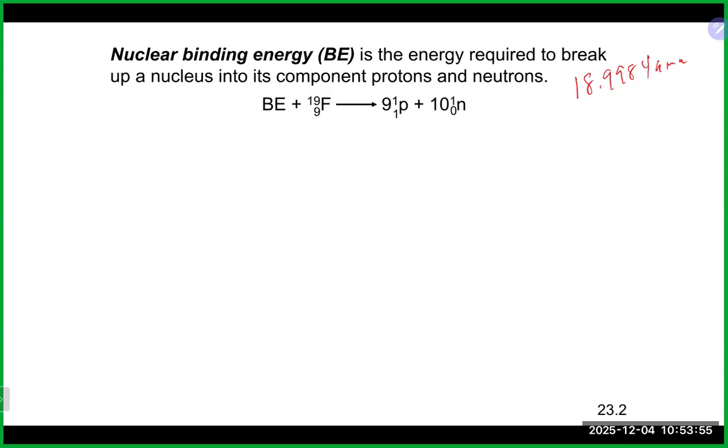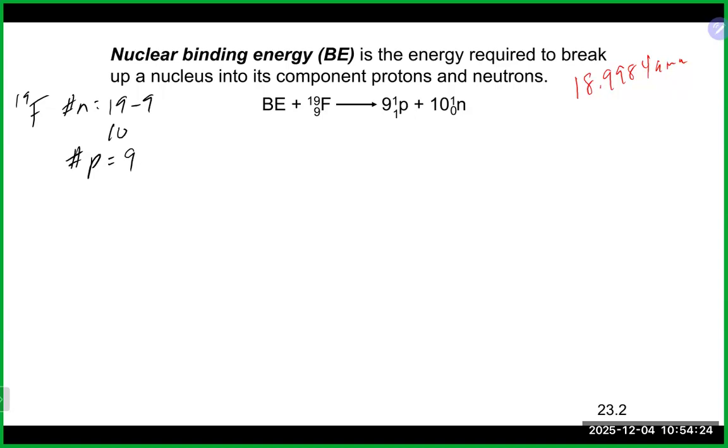We have, say, fluorine 19. Fluorine 19 would have, in terms of the number of neutrons, 19 minus 9, and that is going to give us 10 neutrons. Obviously, the number of protons here is 9.